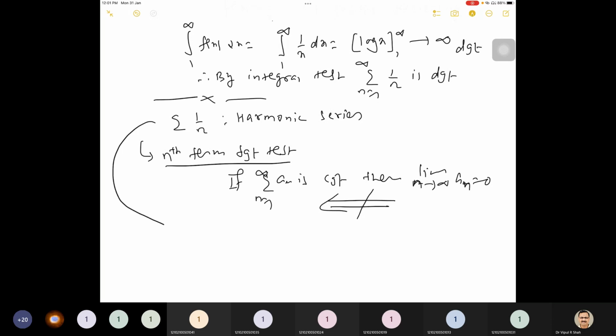This is an example where limit n tends to infinity of 1 upon n equals 0, but the series sum of 1 upon n is divergent. So this theorem is one-sided only, not a two-sided theorem. Understood?